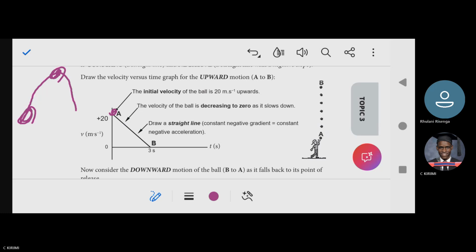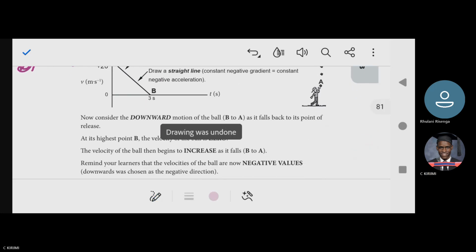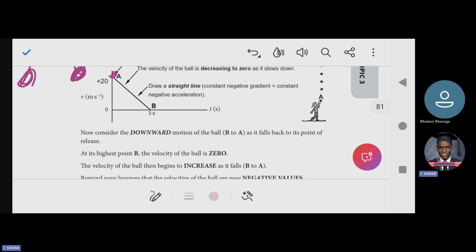Yes. And if it's going to return to its point of release, back to where it started from, how are you going to continue this graph? You just move again down to -20, so we continue the graph to negative 20.